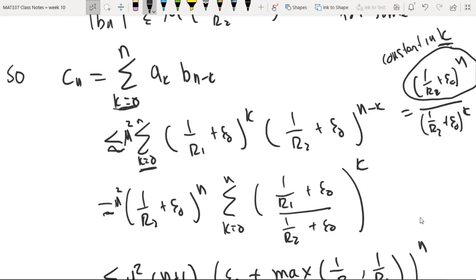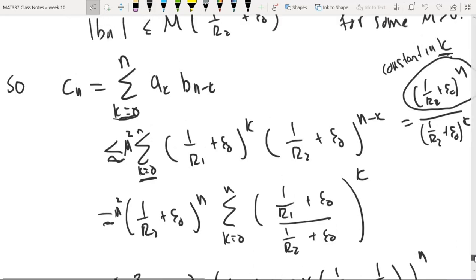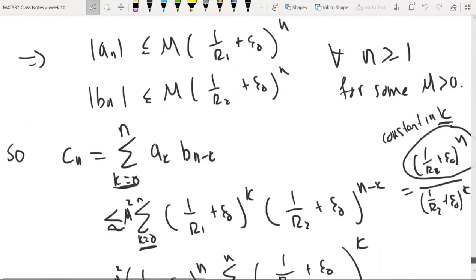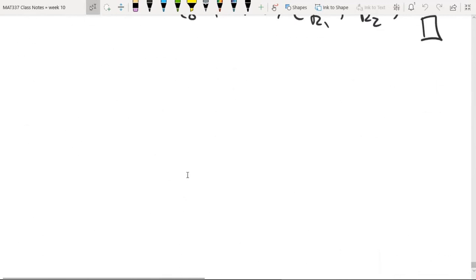How did we derive Cn? Okay, good. So let's do this. This is called the Cauchy product.